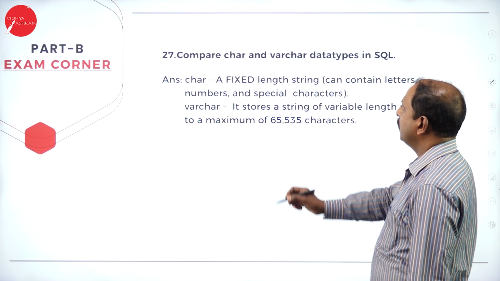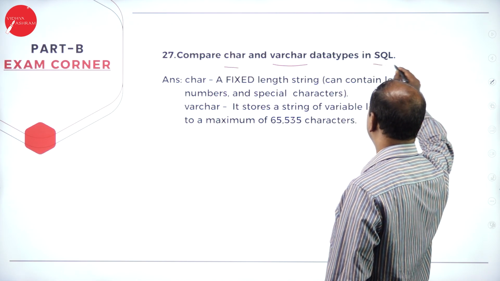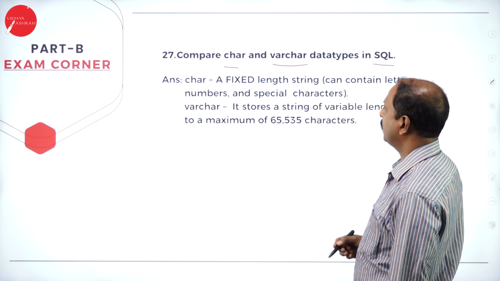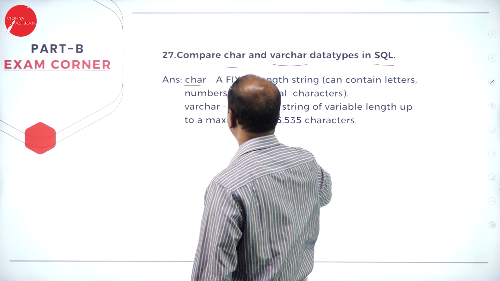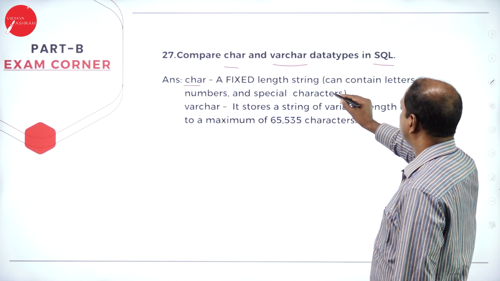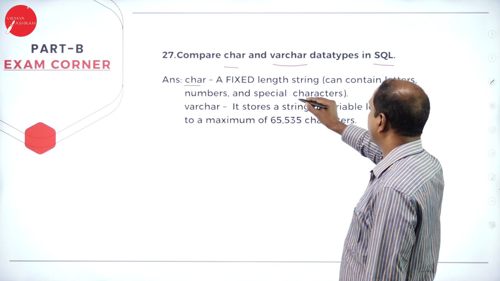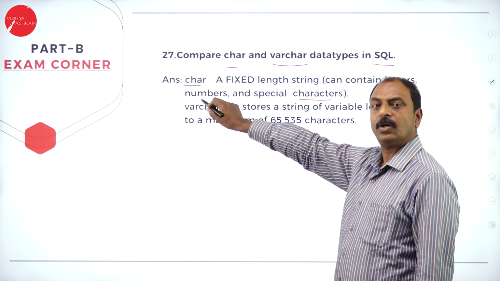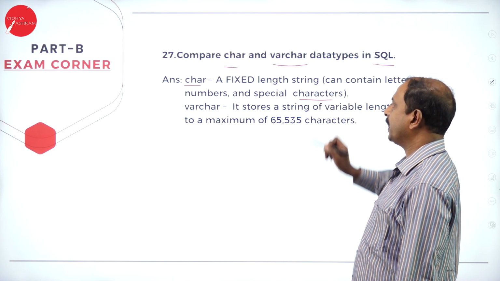Next question is compare char and varchar data types in SQL. In SQL, these are the two data types. Now let us see the difference between them. Char is a fixed length string and it can contain letters, numbers, and special characters. So here the capacity is fixed.